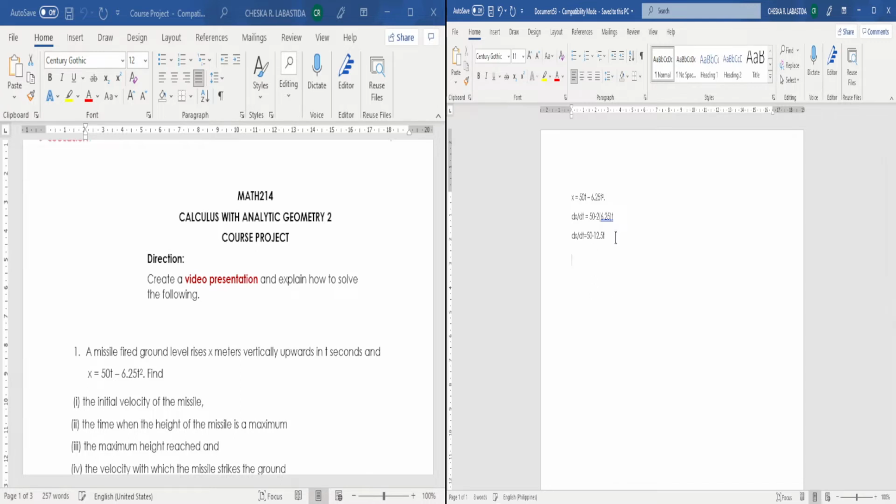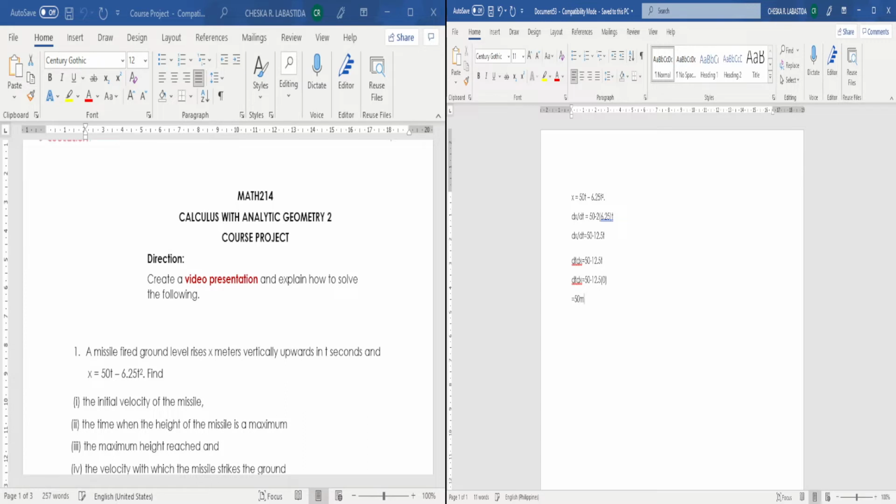So how do we get that? dx/dt is equal to 50 minus 12.5t. If we do that, 50 minus 12.5 times 0 is equal to 50, so it should be 50 meters per second.